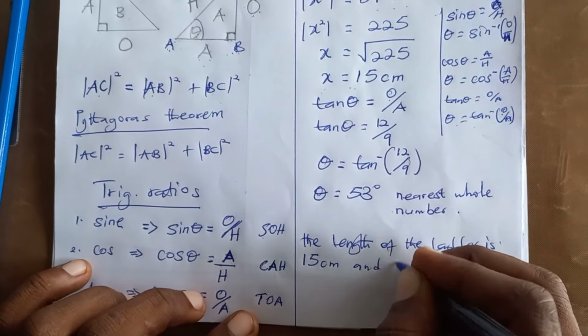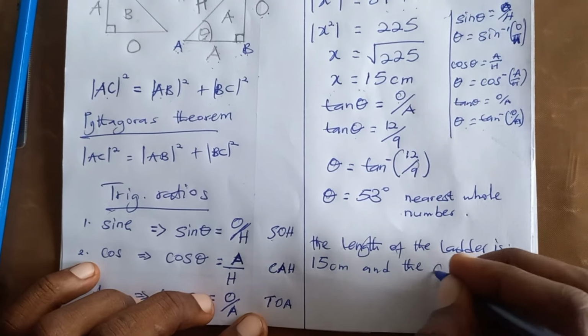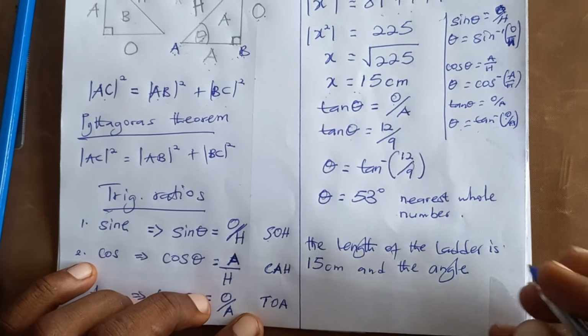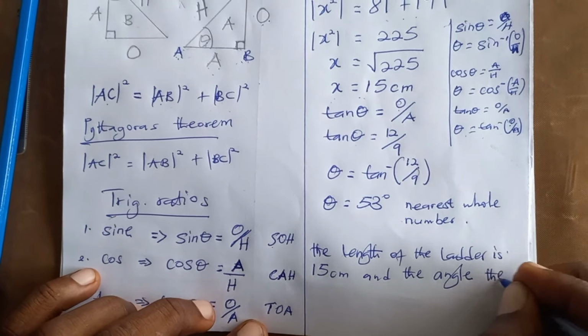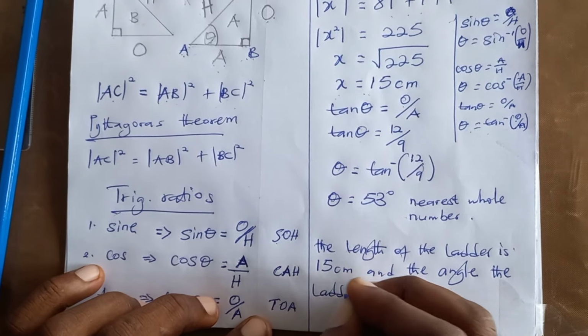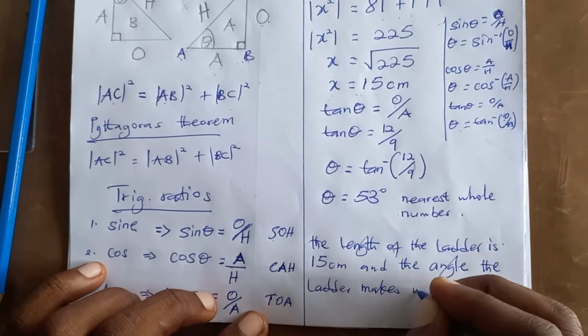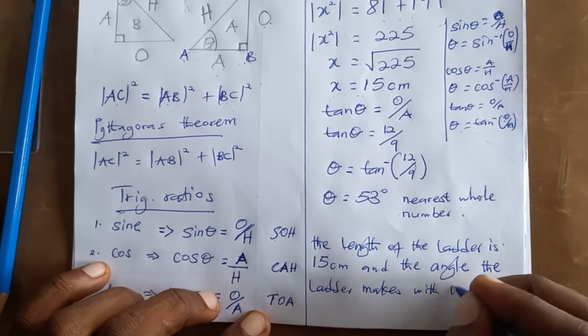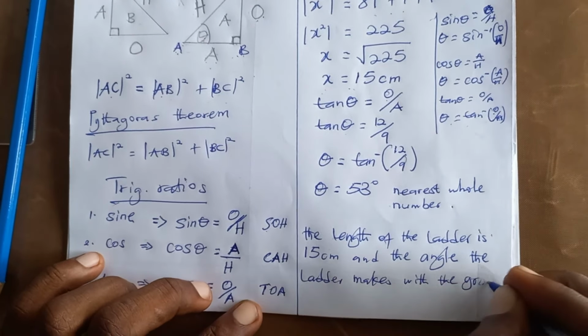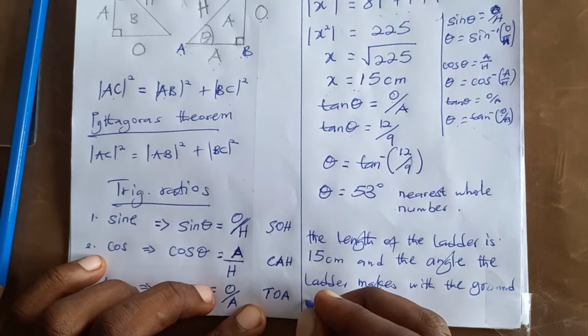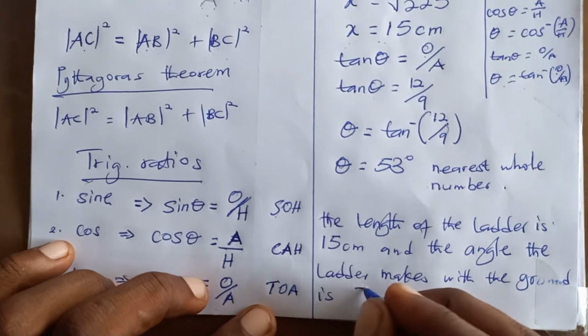And the angle the ladder makes with the ground is 53 degrees.